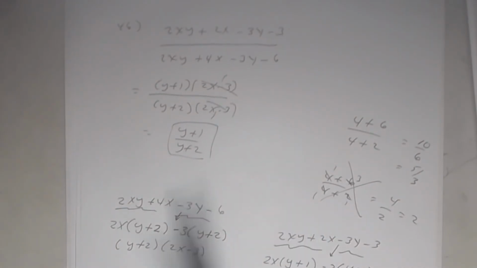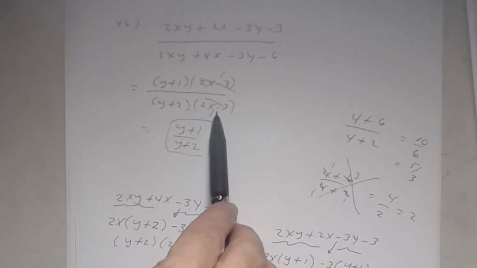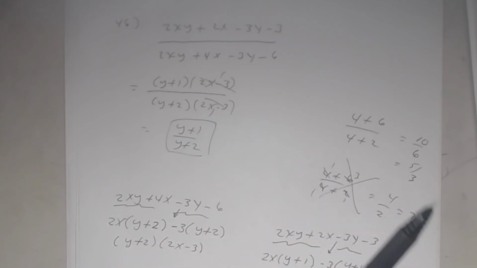So you have to factor first, using factor by grouping in this case. All right, so that's 46.